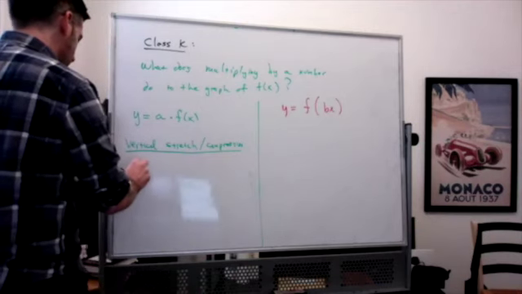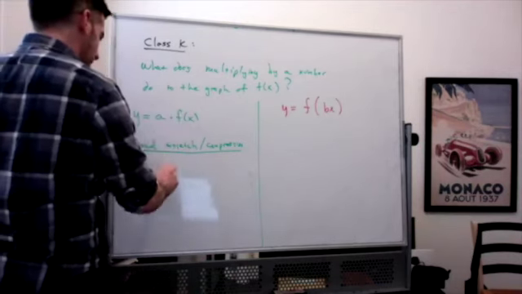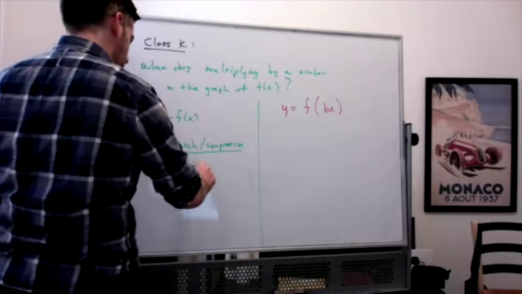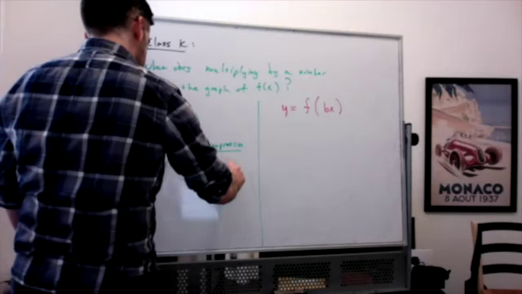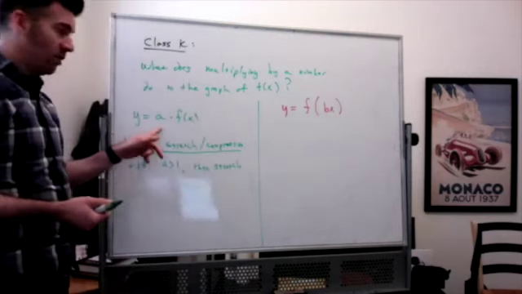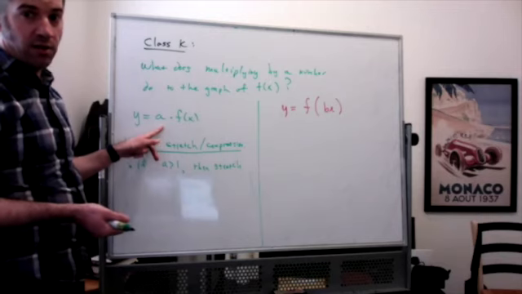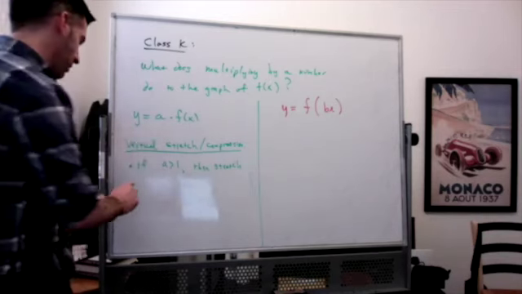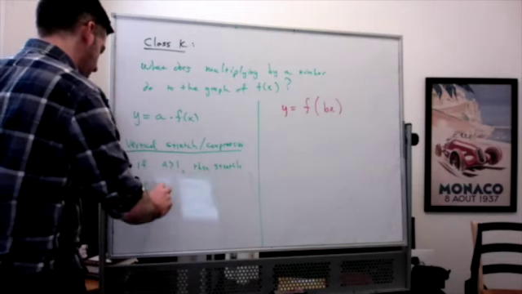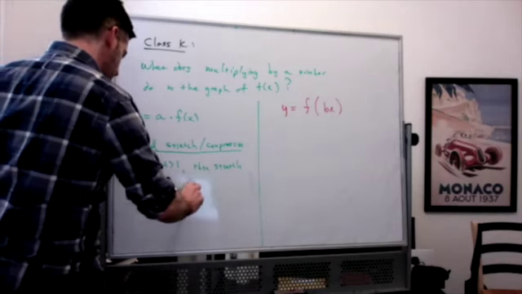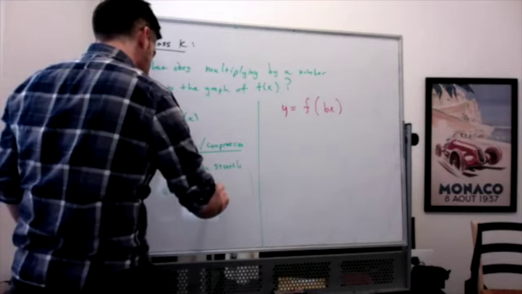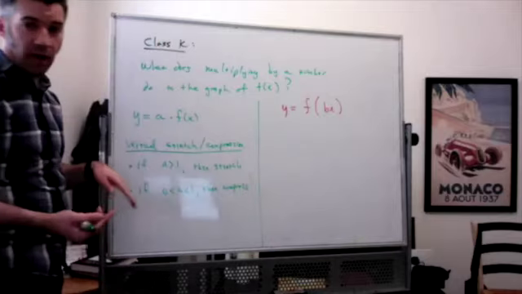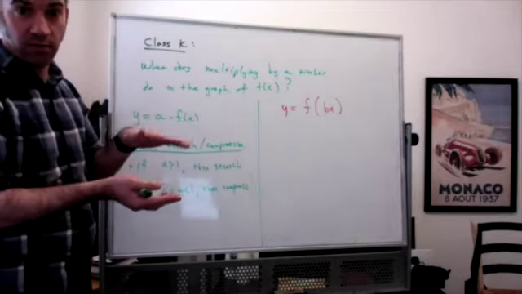If the number you're multiplying by here is greater than 1, then it's a stretch. And here's why. If you're multiplying by something that's larger than 1, the y values are going to be bigger than they were before. On the other hand, if you're multiplying by something that's between 0 and 1, then it's going to be a compression, because the y values are going to be smaller than they were before, comparatively.